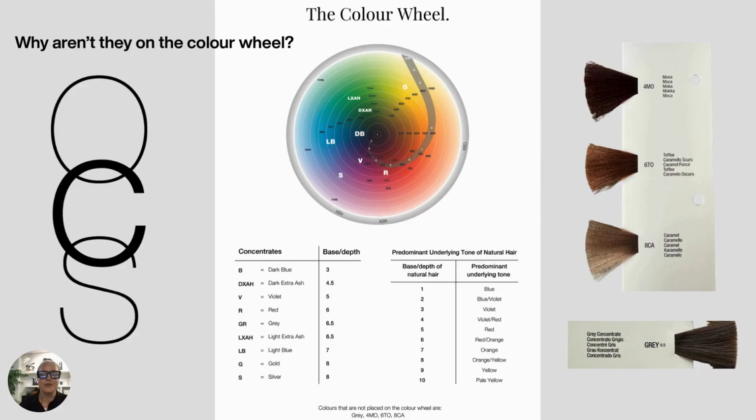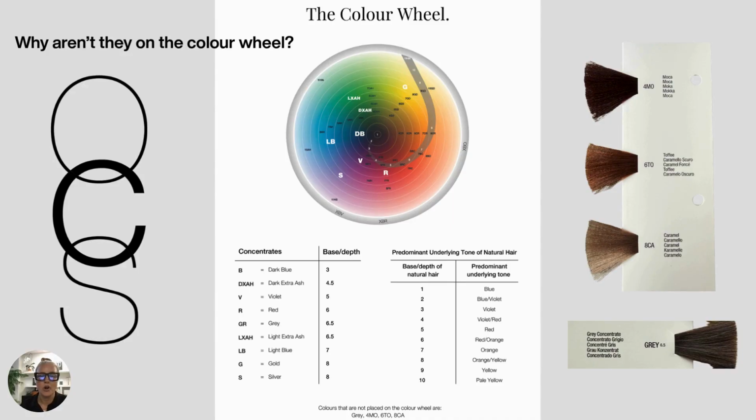Okay, so a natural level 4, the underlying pigment is violet red. So when you are looking at the 4MO on the color wheel or on the swatch chart, when you look at it, it does read with some of those violet red pigments. Those are the pigments that kind of jump out immediately.